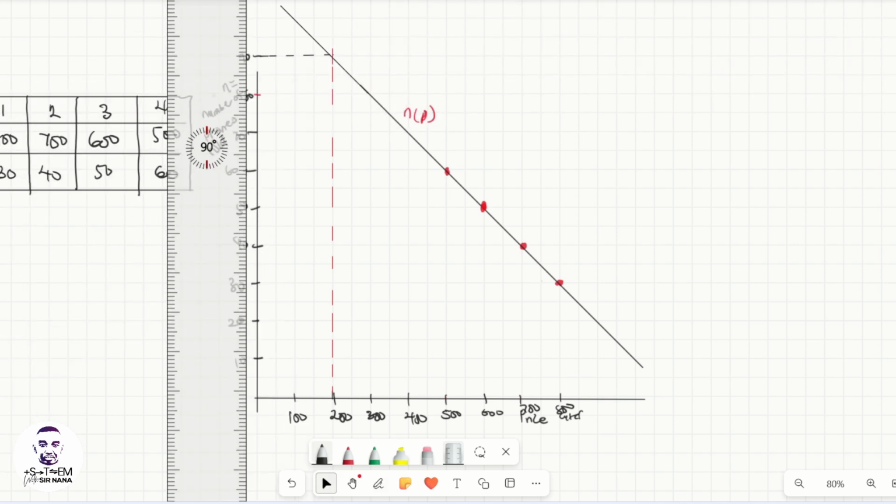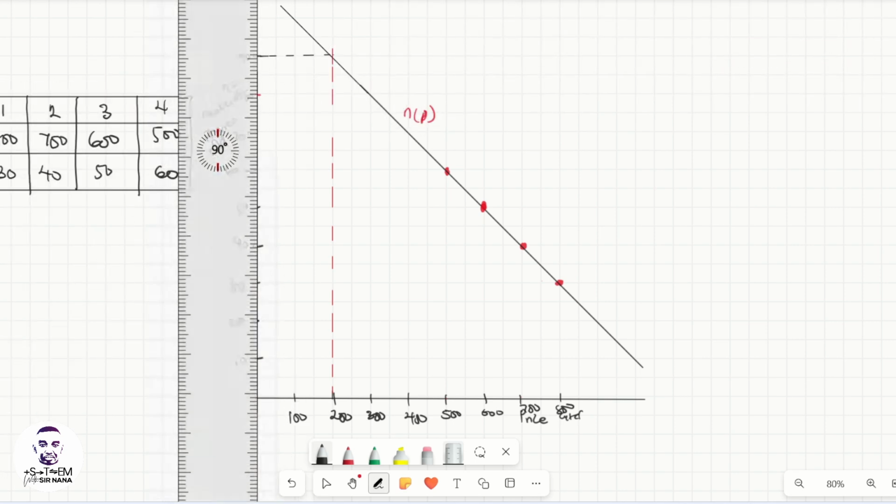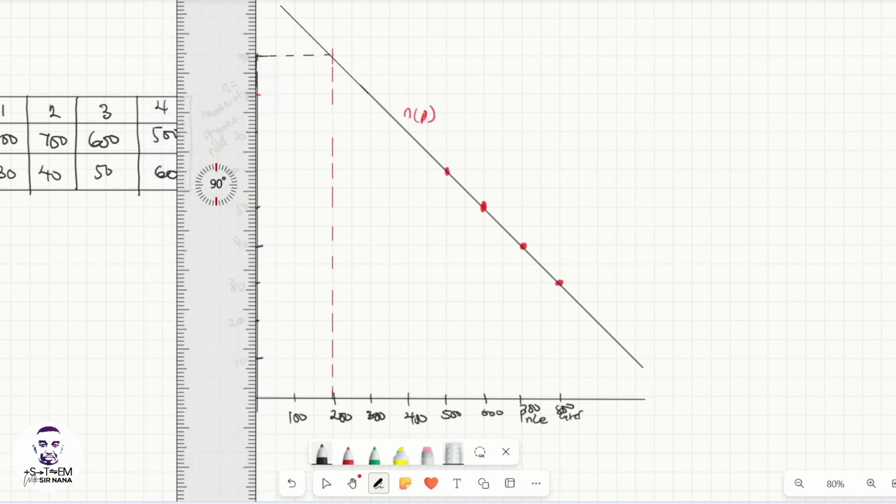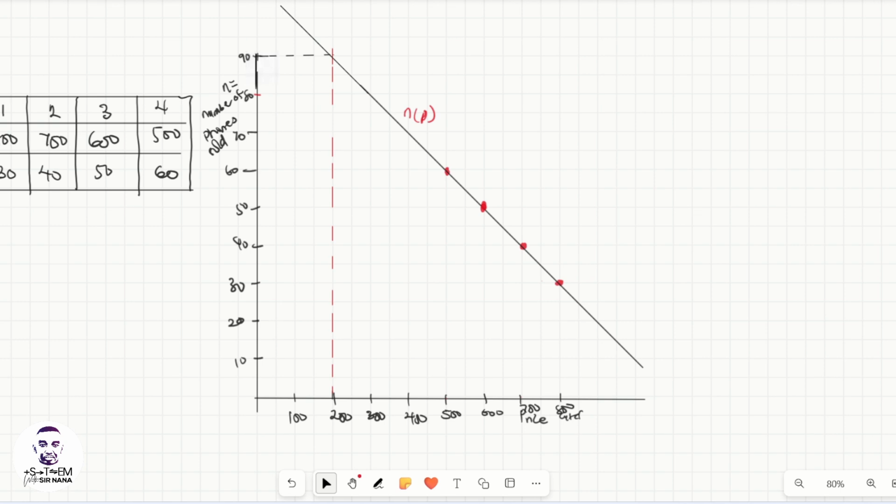That implies that when you sell the good at 200 cedi, you are able to sell 90 phones. So graphically, we've been able to indicate that at 200 Ghana cedis, 90 phones will be sold.